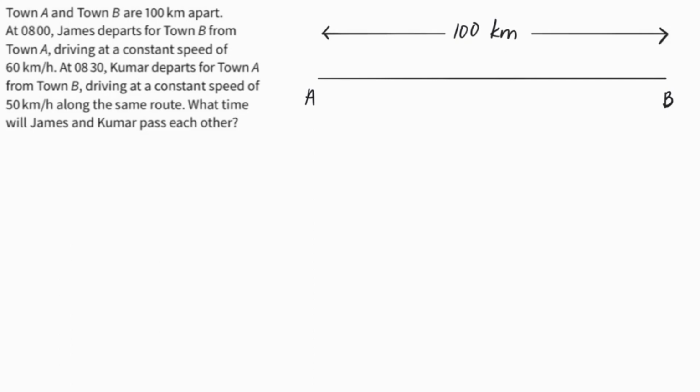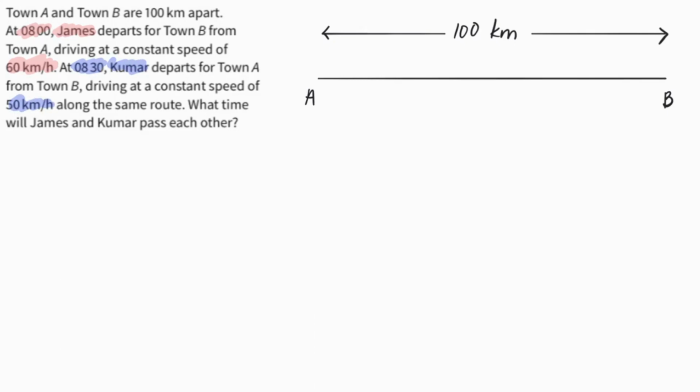And James, going to denote it with a red color. 8 AM, he starts to depart from town B and move towards town A at 60 kilometers per hour. Half an hour later, at 8:30, Kumar then moves from town A to town B at 50 kilometers per hour.